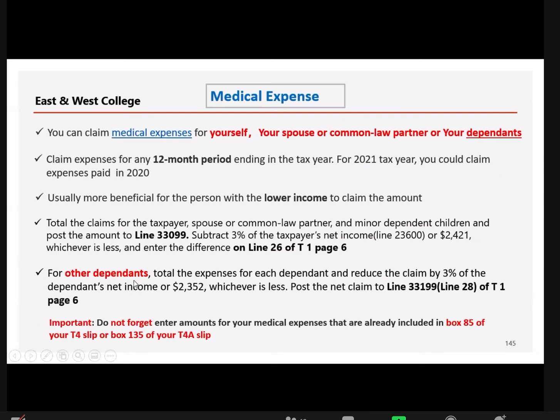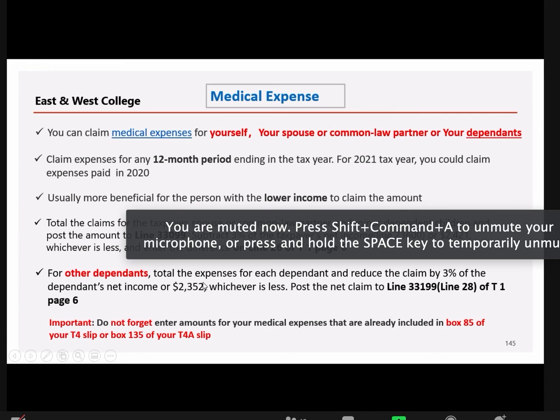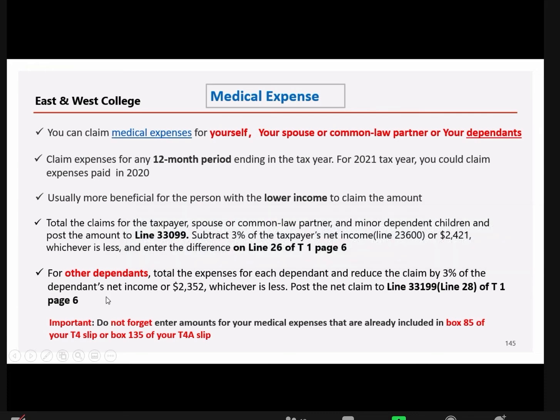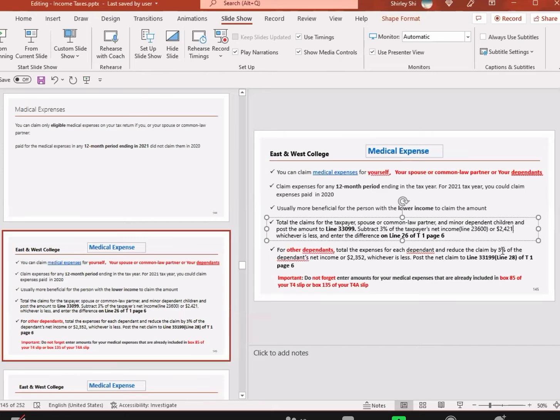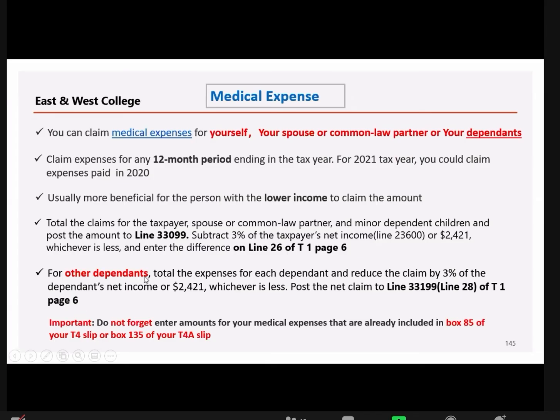For other dependents, take the total expenses for each dependent and reduce the claim by 3% of that dependent's net income. Do you remember line 33199? I asked you to read it.